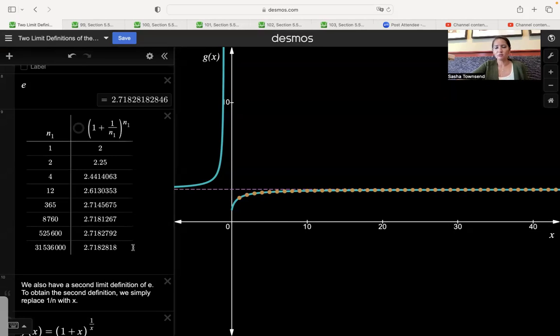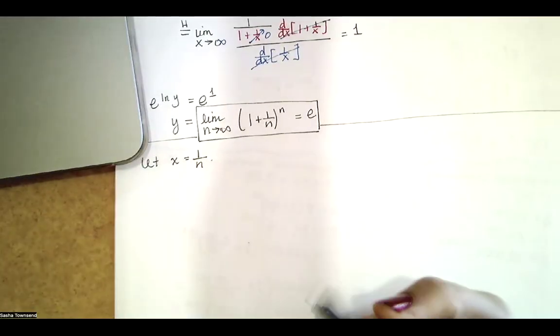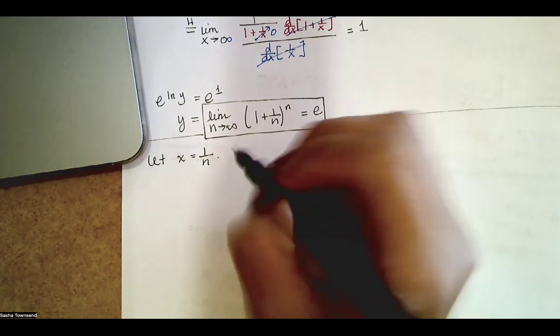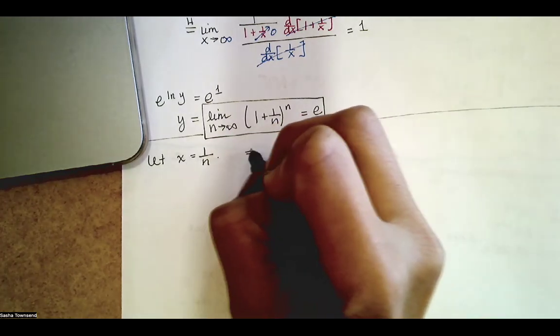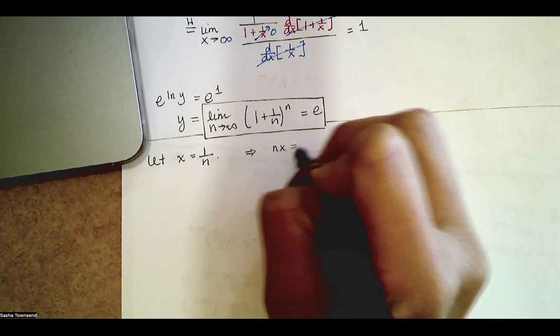Now, if we make a substitution, if we let x equal 1 divided by n, we can rewrite this expression in terms of x. So if x is equal to 1 over n, we can solve that for n. n times x equals 1.